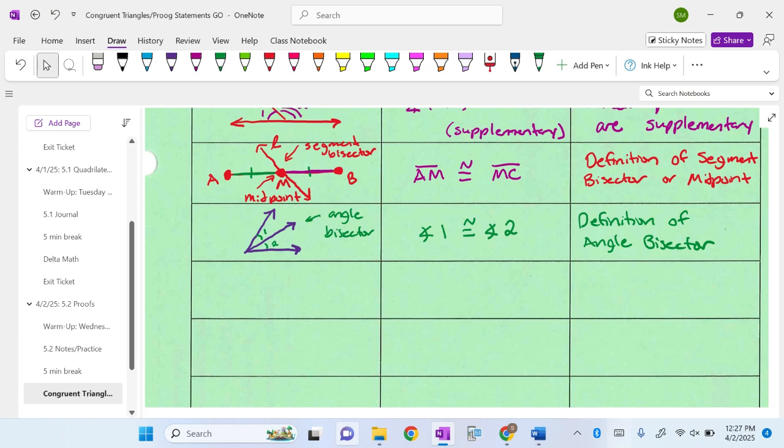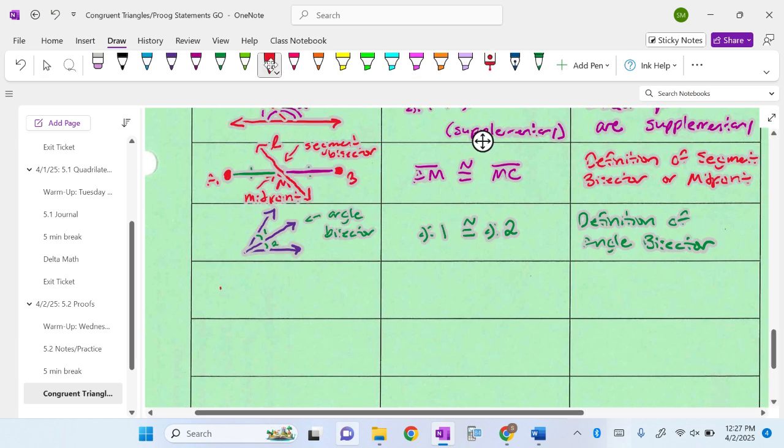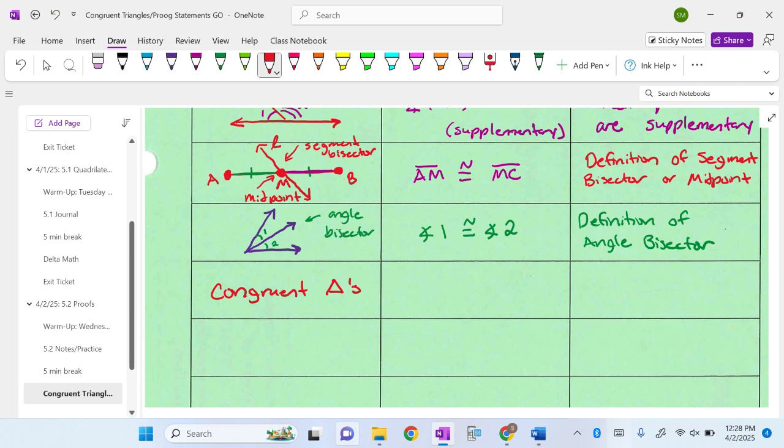So, if we are given congruent triangles, so we proved that the triangles are congruent by one of those postulates that we just talked about. In other words, if I have two congruent triangles, so these two little triangles are congruent to each other, so ABC is congruent to DEF.